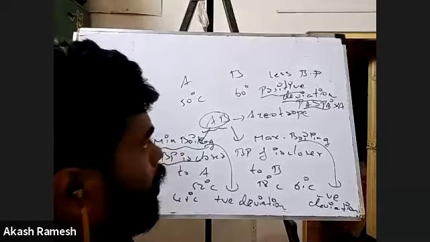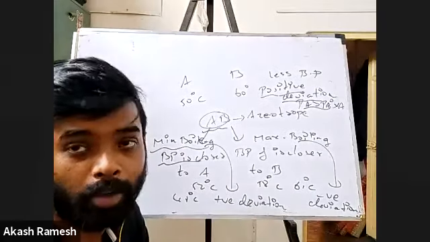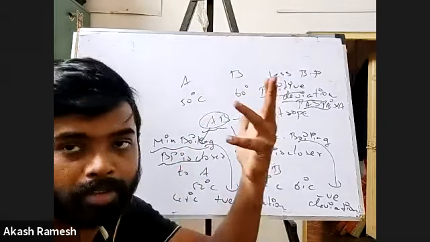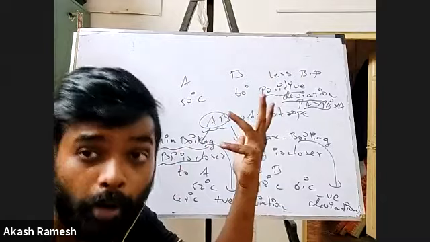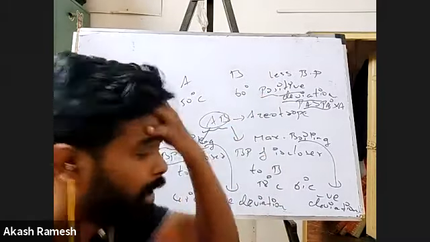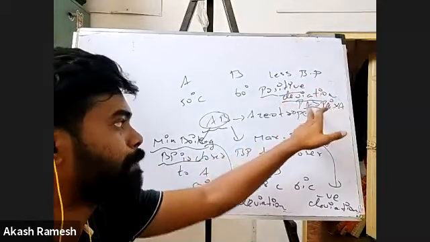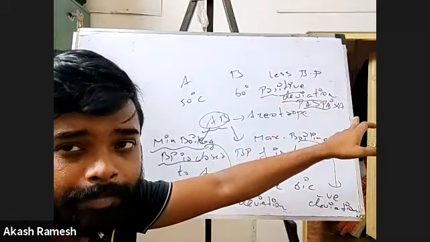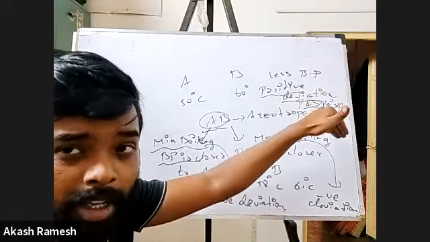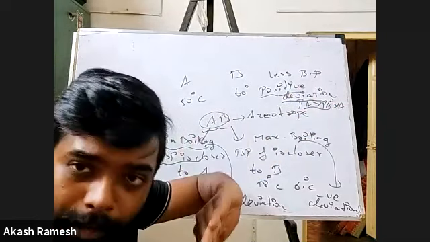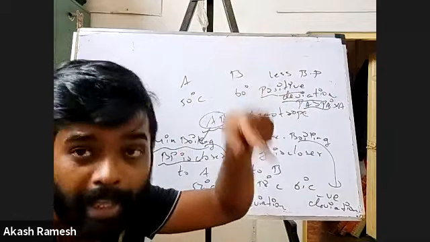Can you explain why the positive deviation vapor phase is more volatile? Sure. What do you mean by volatile first? Volatile means it is easily capable of going from the liquid phase to the vapor phase. Before, if it was an ideal solution, PA is equal to PA naught XA, which means the vapor pressure is less, so the ability of the liquid to go to the vapor phase is less.